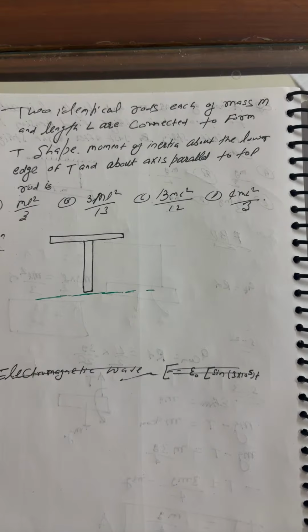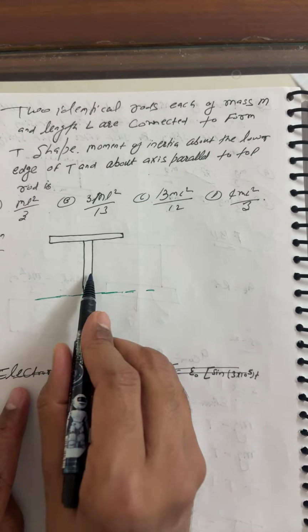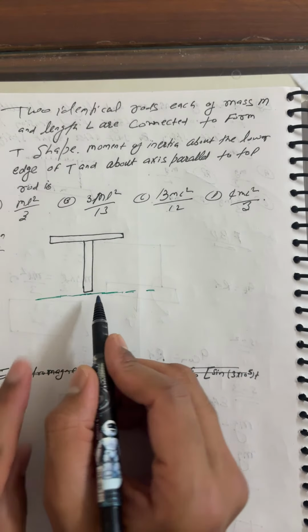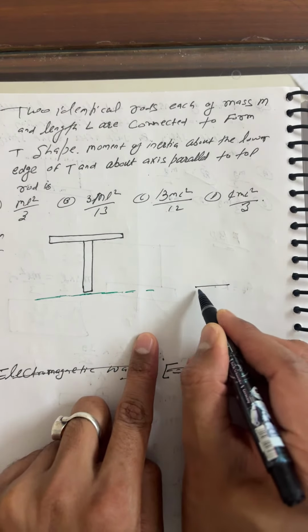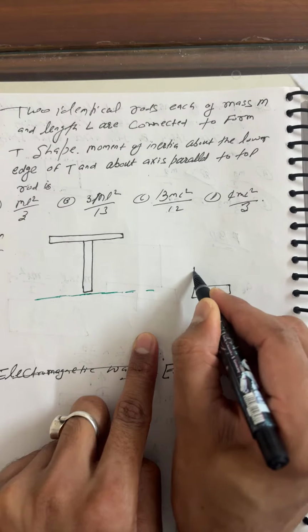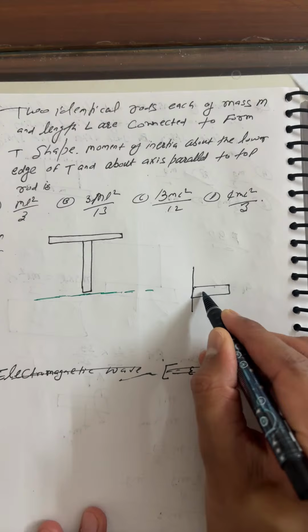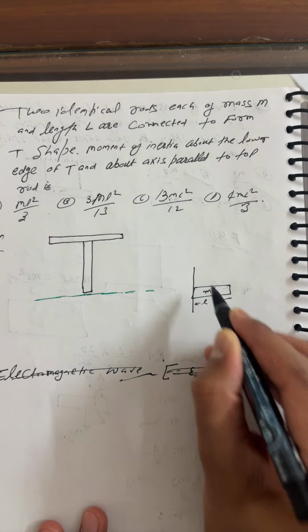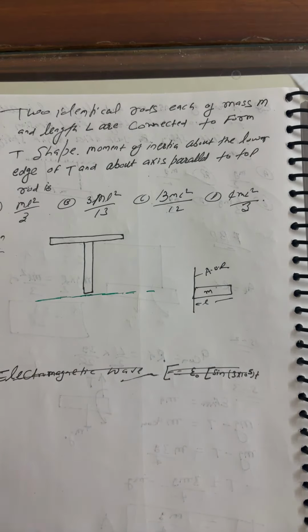For this rod, you can treat it as an end point of the rod. This is M, this is L, and this is the axis of rotation, right?